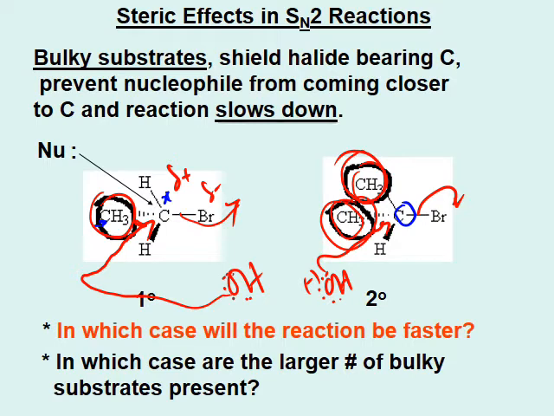So basically they're covering this central carbon atom, making it a lot harder for OH minus to approach this carbon, which is bonded to Br. And that is going to slow down the reaction. So between 1 degree and 2 degree, substitution reaction will be faster for 1 degree, and it will be slower for 2 degree.